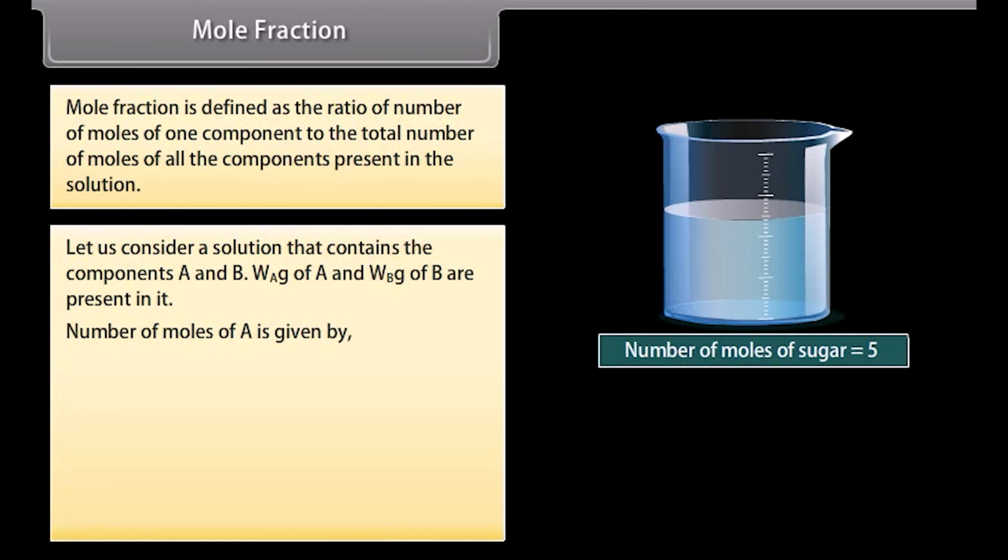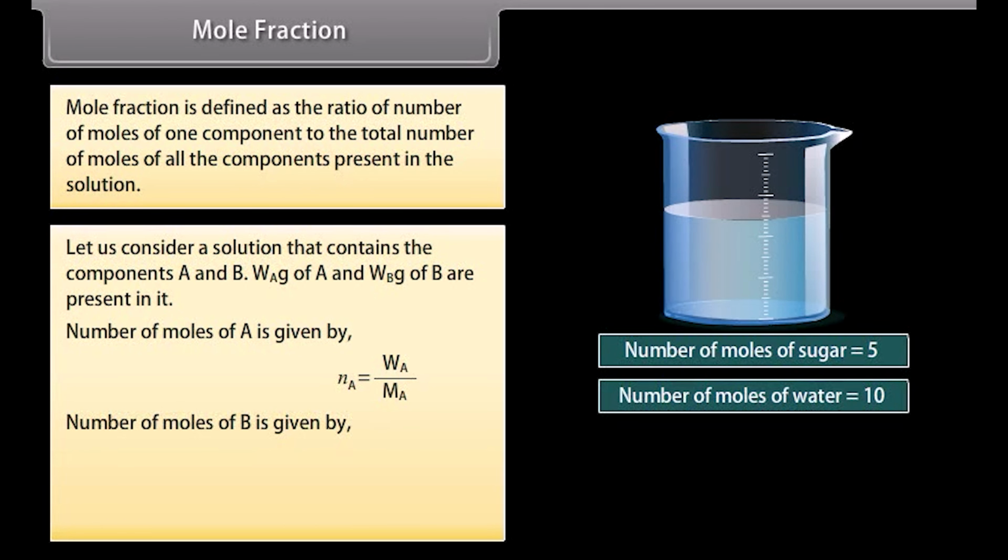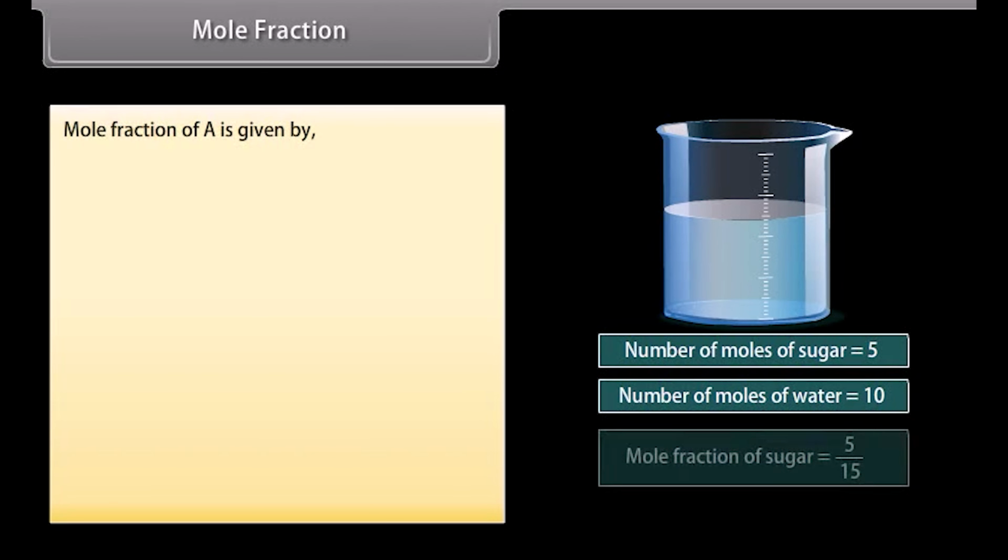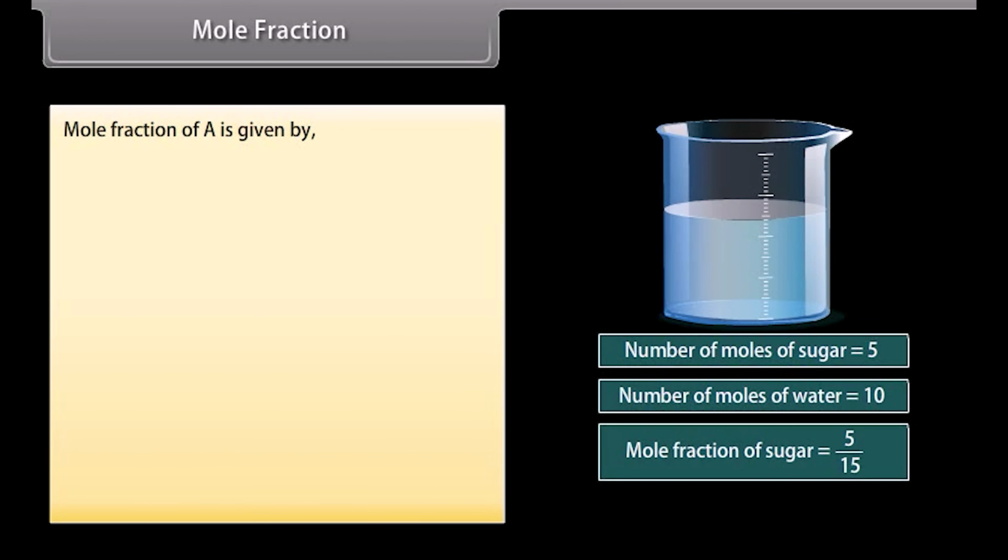Number of moles of A is given by Wa upon Ma. Number of moles of B is given by Wb upon Mb. Total number of moles of A and B is equal to Na plus Nb. Mole fraction of A is given by Na divided by Na plus Nb.